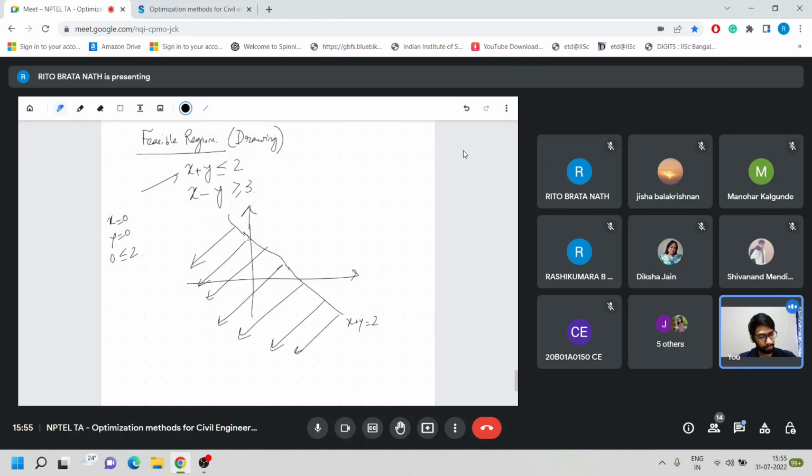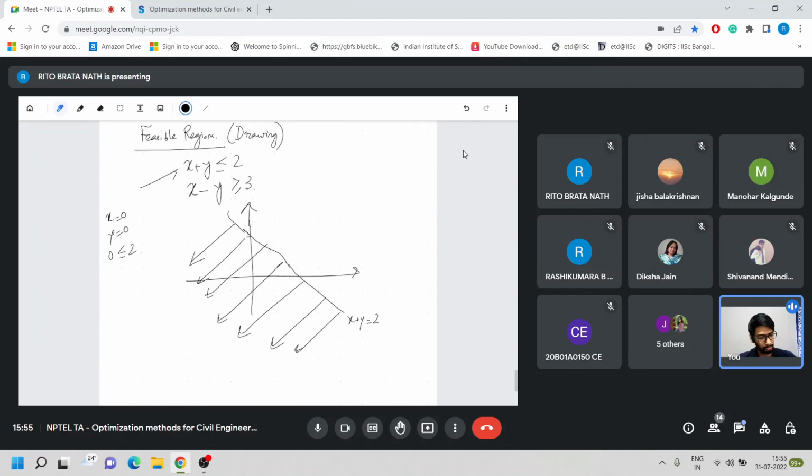The line goes through x minus y equals 3, so when x is 4, y will be 1. Here, if you put 0 and 0, the origin is not part of it because 0 is not greater than or equal to 3. So this will be directed in the opposite side.